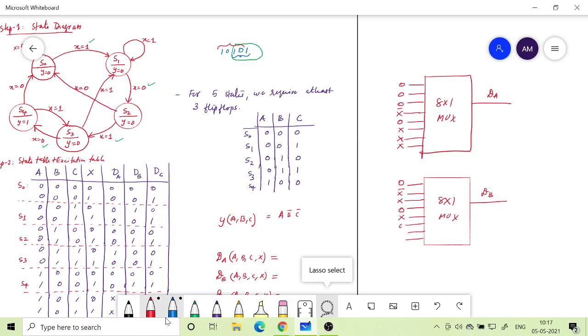Okay, so let us just leave that, because we don't care, because we are not going to give that combination of select inputs.